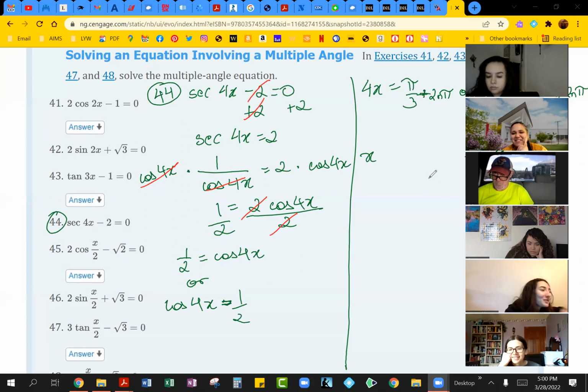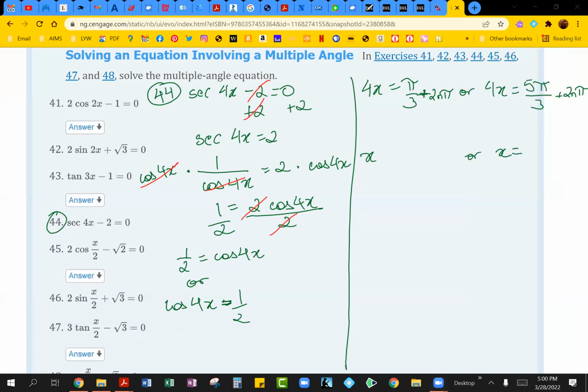It looks like pin, but I know that's what you have. And then pi over 12 plus pi n over 2. Okay, so I think same as Lucy's answers. So yeah, very nice. Let's do this in red. So basically, of course, we're dividing both sides by 4. So again, you can kind of think of this as dividing by 4 or multiplying by 1/4.